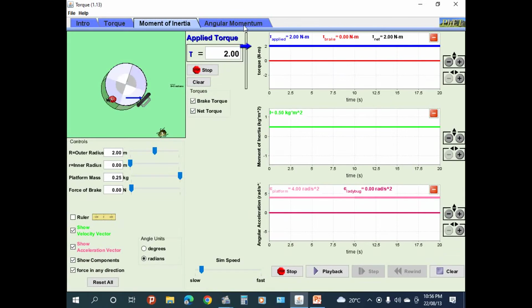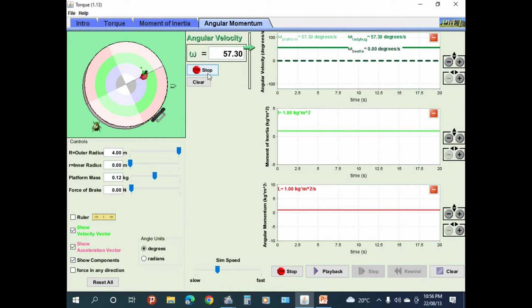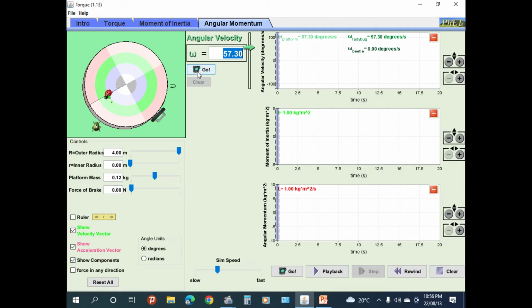So let's go back to the simulation of angular momentum. Here I give 57.3 degrees per second as the angular velocity, which is constant. Here the angular velocity is vertical and time is horizontal, the moment of inertia is vertical and time is horizontal, and the angular momentum is vertical and time is horizontal.